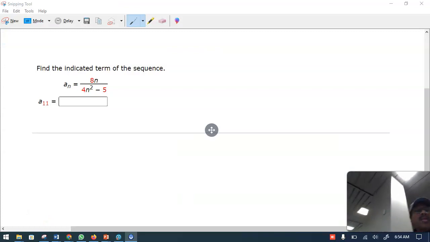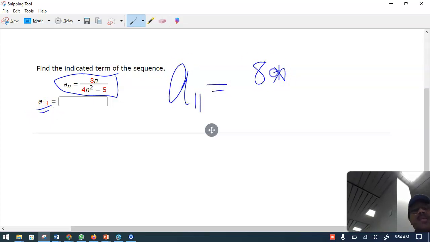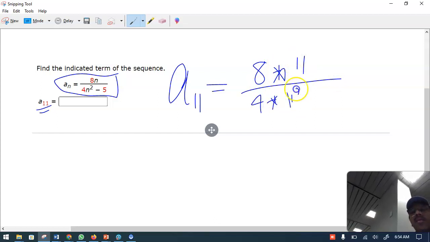Question 3, there's only one question asked. They gave you the nth term and you're supposed to find out what is A11. So all you do is put A11 equals 8 times 11, divided by 4 times 11 squared minus 5.